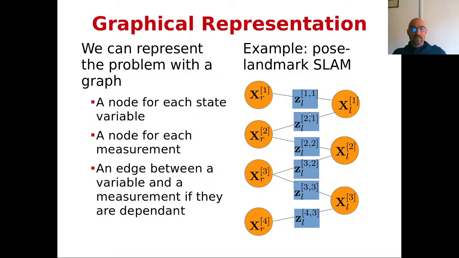And what I can say is that if from the first robot position I observe the first landmark, then there will be a measurement in between. And this measurement, this factor, depends on the landmark 1 measured by robot 1, denoted by ZL11. Similarly, if I observe the same landmark from the second robot position, I will have another edge.